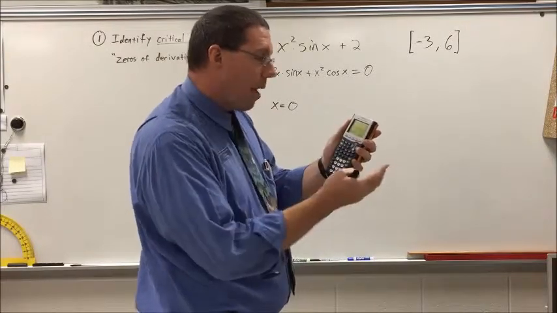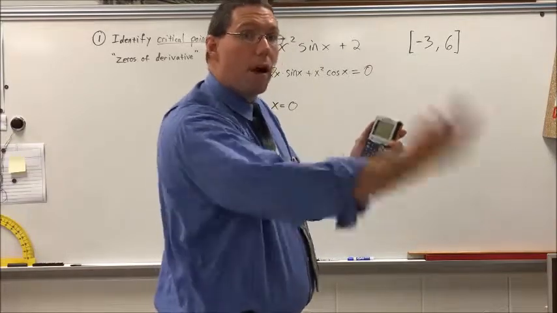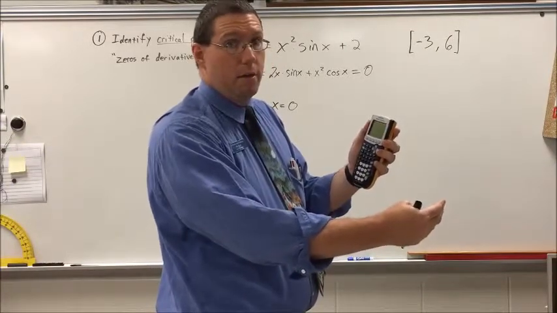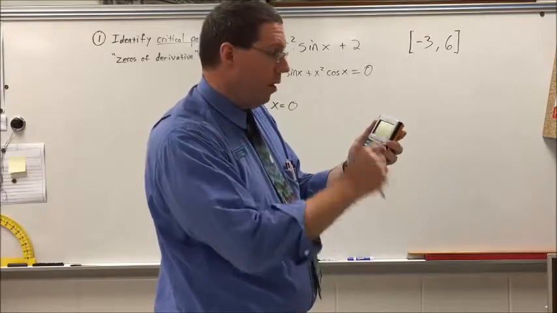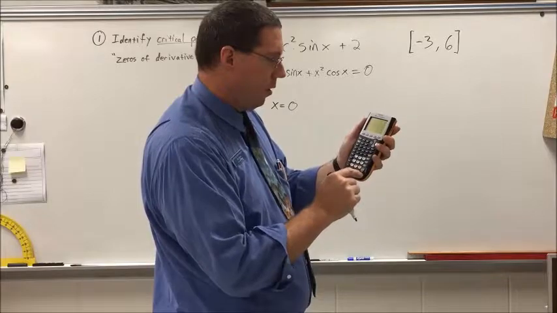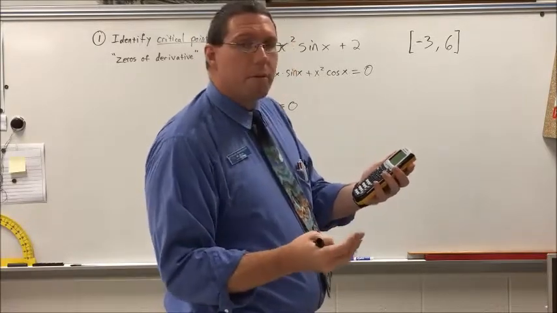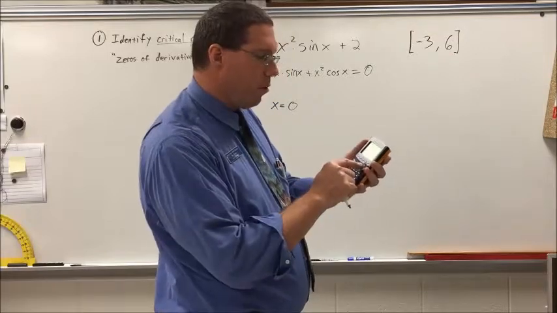Then it says right bound. It now wants an x value on the right side of the 0 that you're looking for, and -2 is on the other side. So I'm going to key in -2, enter, and then it says guess. Guess means give it a number that's close to the 0 so it knows where to look.